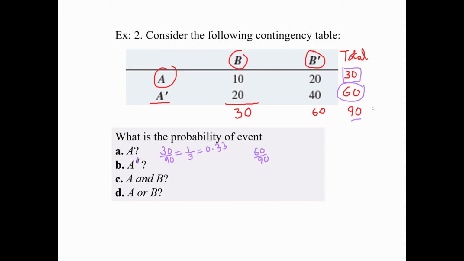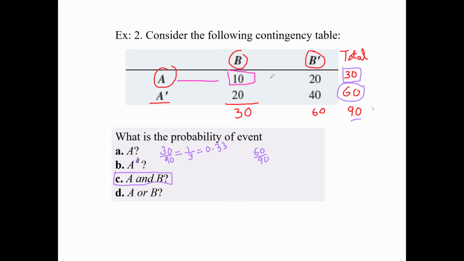All right. Next, what is the probability of A and B? Now we can see that this is A and B. So it is not 30 over 90.